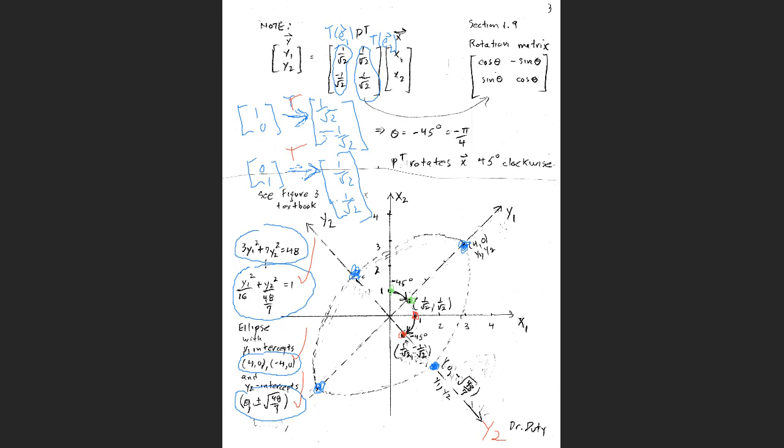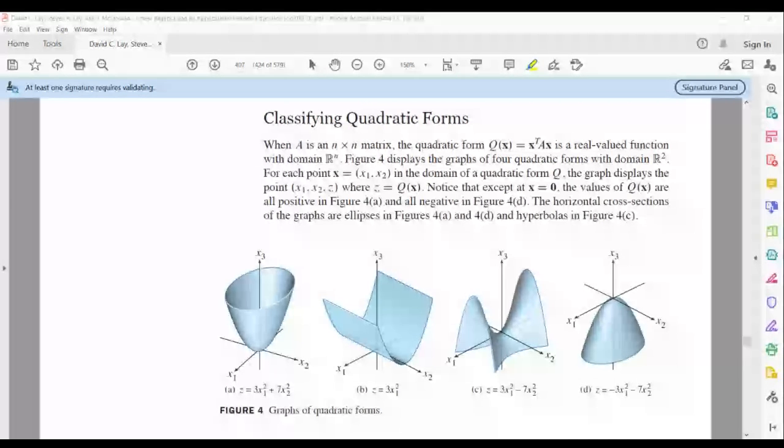That being said, quadratic forms can be classified. Okay, quadratic forms can be classified.